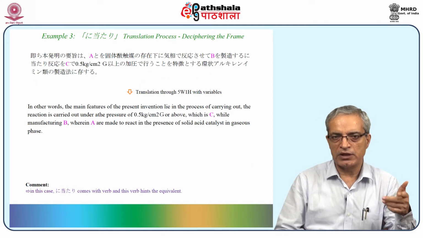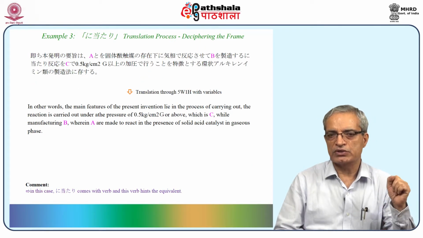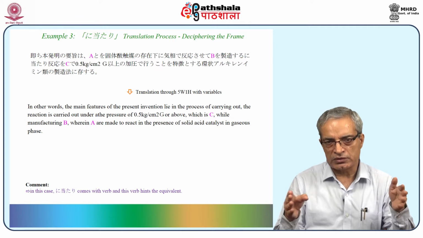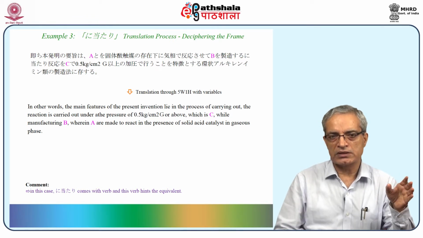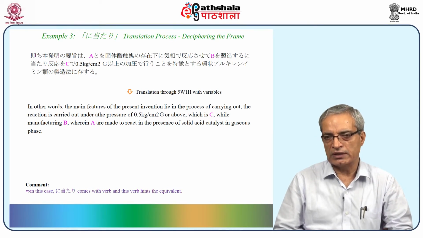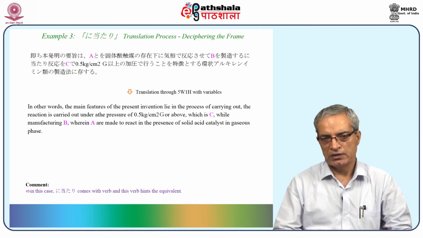In other words, the main feature of the present invention lie, there should be lies or no, yeah, main features, so it's fine, lie in the process of carrying out the reaction, some connectivity is required, the reaction is carried out under the pressure of 0.5 kg per centimeter square G or above, which is C, while manufacturing B, wherein A is made to react in the presence of solid acid catalyst in gaseous phase.